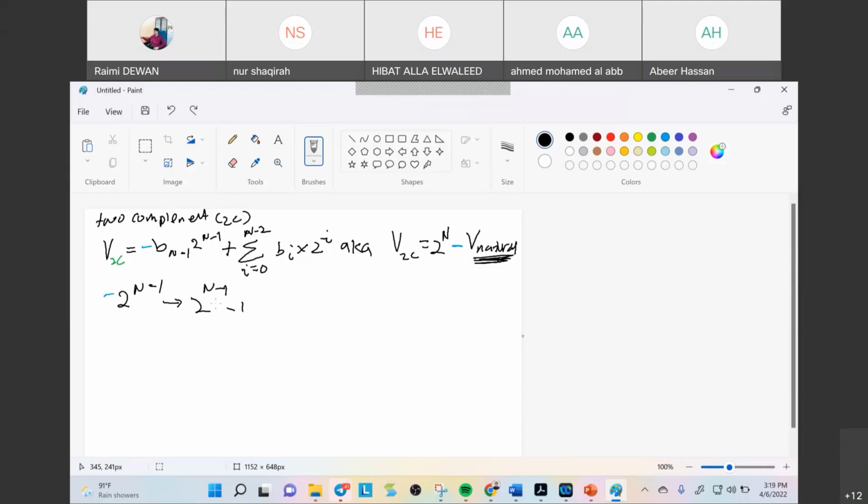Okay, we refer to the same example. I put a different color. Find the value of the bit pattern 1010 interpreted in two's complement.